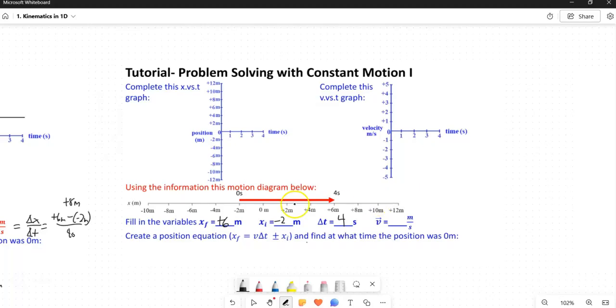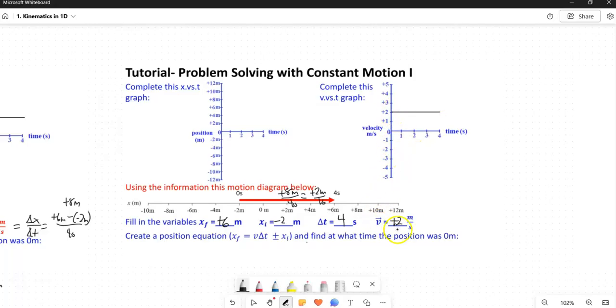So again, this is going 2, 4, 6, 8. Positive 8 meters over the period of 4 seconds. So this is again positive 2 meters for every 1 second. So I'm going to put a positive 2 there. And then our motion diagrams, our velocity versus time graph, that's pretty easy to draw.